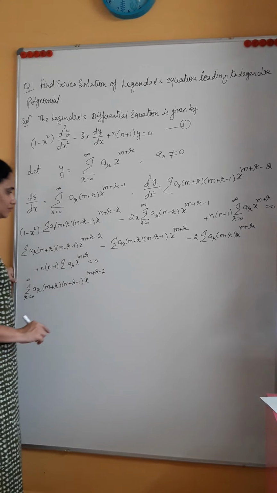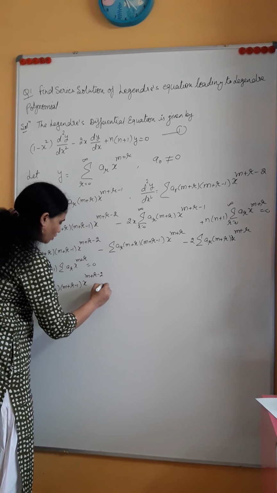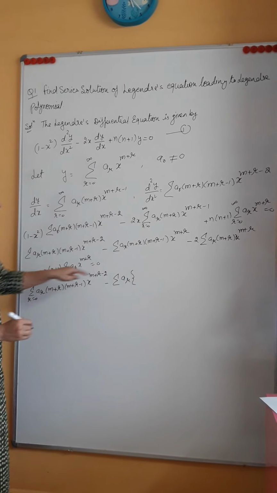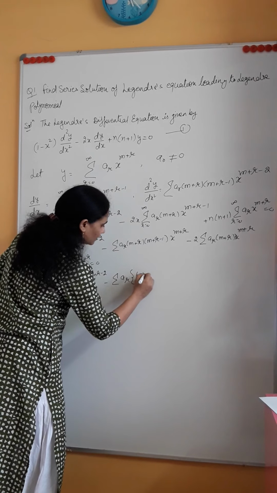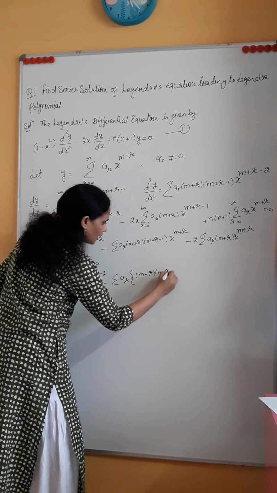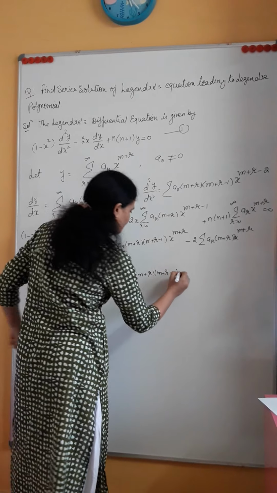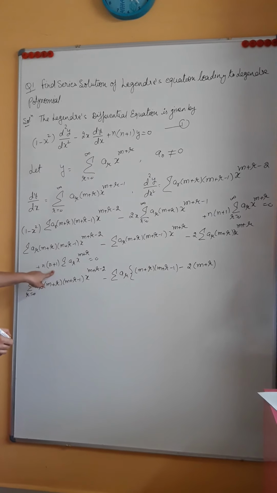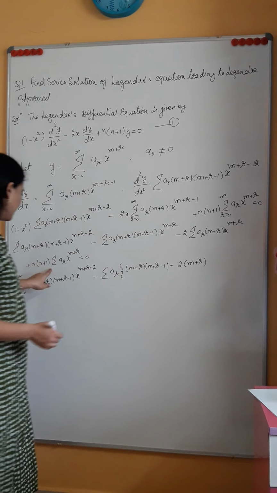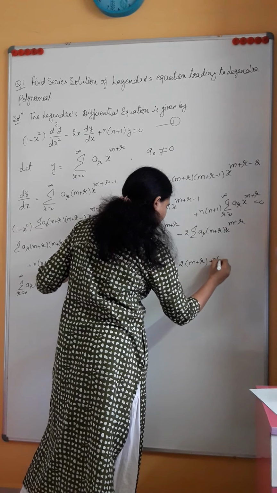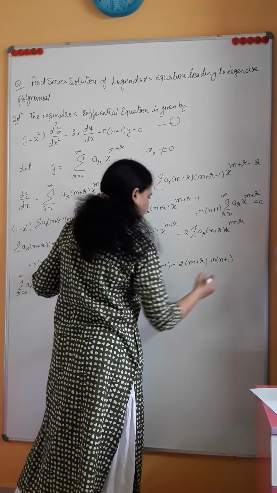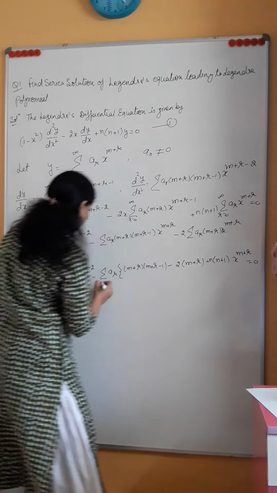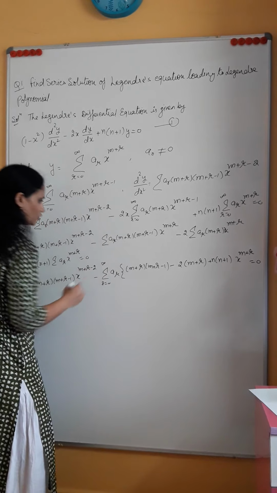Then since the remaining 3 terms have the same power, let's take the common term, that is a_r, and then see what is left in the bracket. The first term gives (m plus r)(m plus r minus 1), the second term gives minus 2(m plus r), and the third term gives n(n plus 1), times x power (m plus r), is equal to 0, with r varying from 0 to infinity.